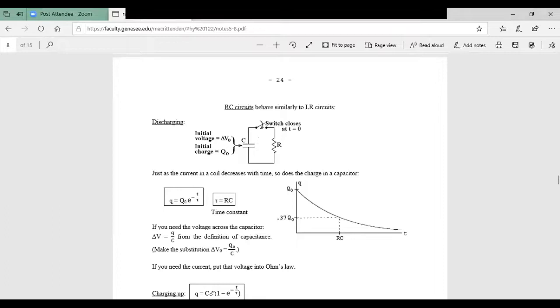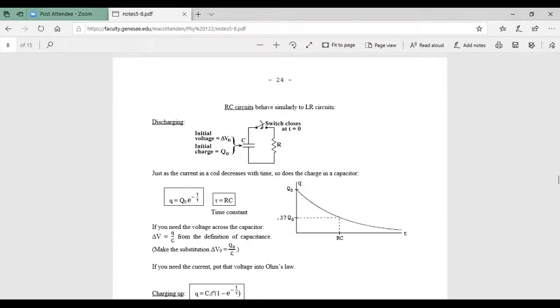It's kind of the same story all over again, which is why I like to talk about these two things together like this. You go into most textbooks and they've got these two topics about 6 chapters apart. They've got RC circuits in the section on capacitors, which is in the part of the book that's about electric fields. And they've got LR circuits in the part of the book that's about magnetic fields. But they behave in exactly the same way.